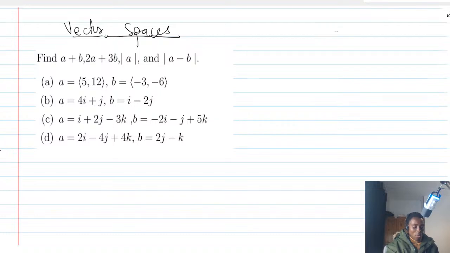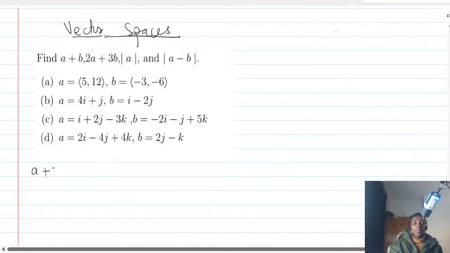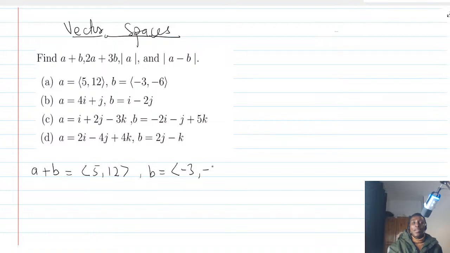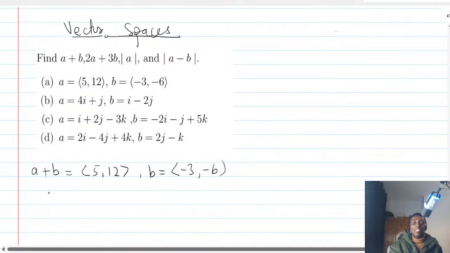So we are going to start with a plus b. So what is a plus b? So a is 5, 12, and then b is minus 3, minus 6. So if I add, it's very simple, right?